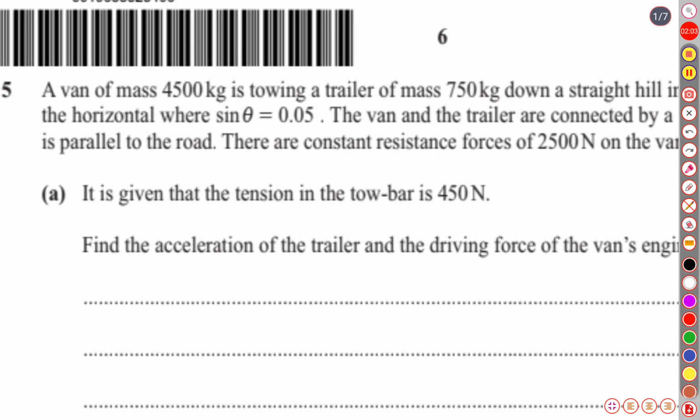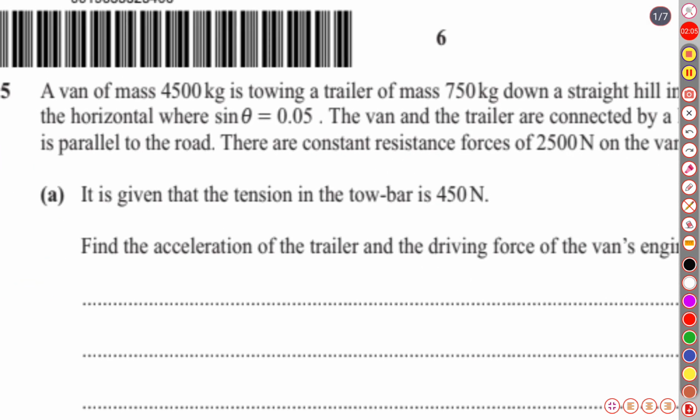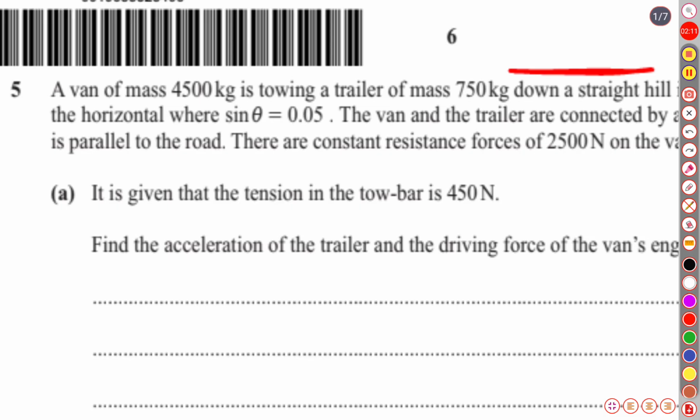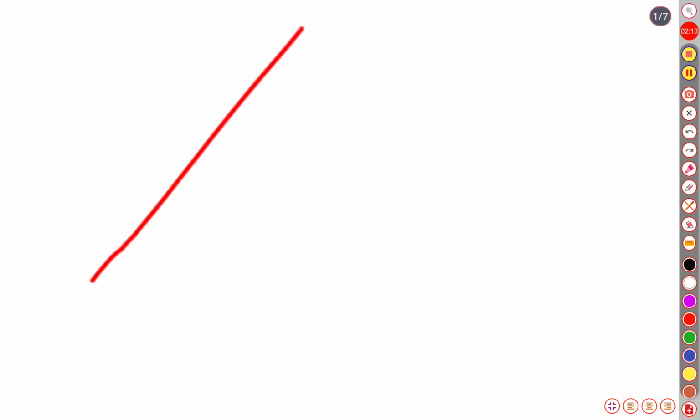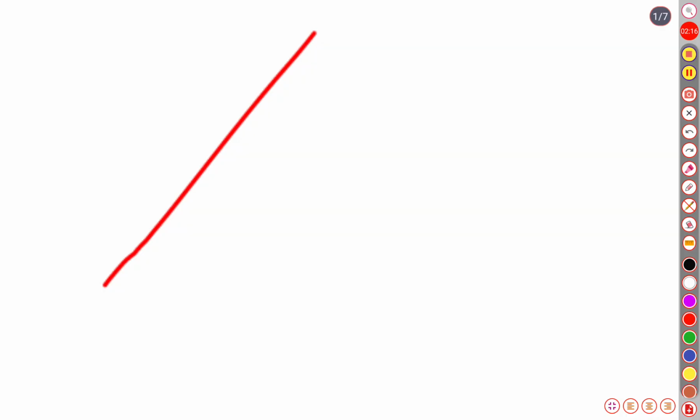This is the road. On this road, we should not forget that the van and trailer are moving down. It is down a straight hill. So as it is moving down, our diagram should not be like this.